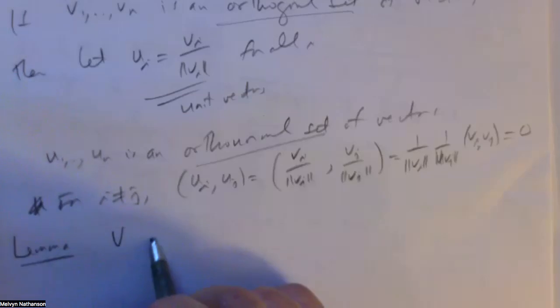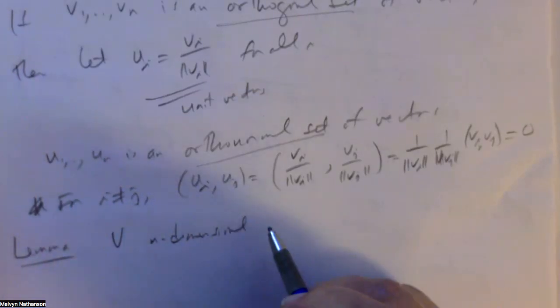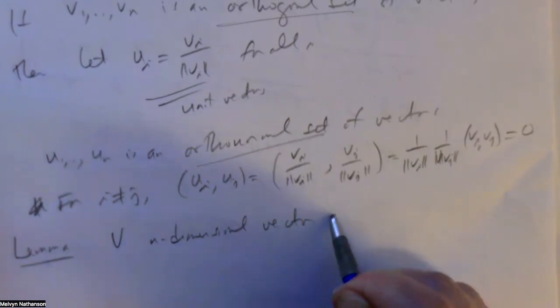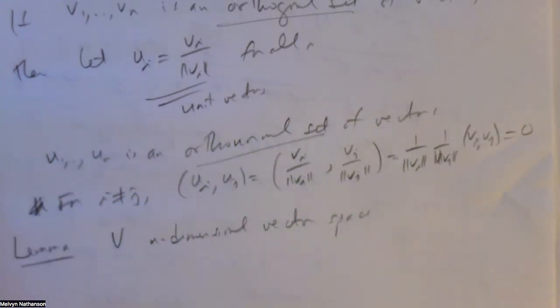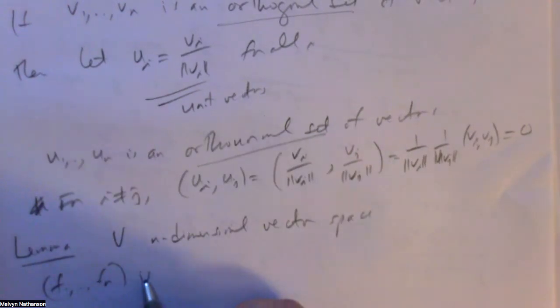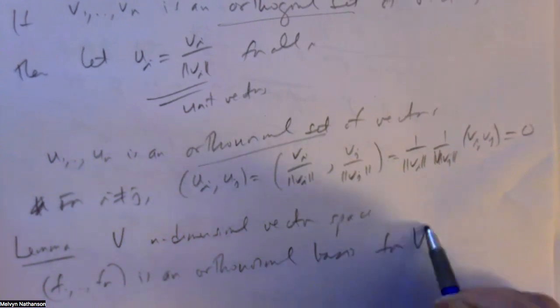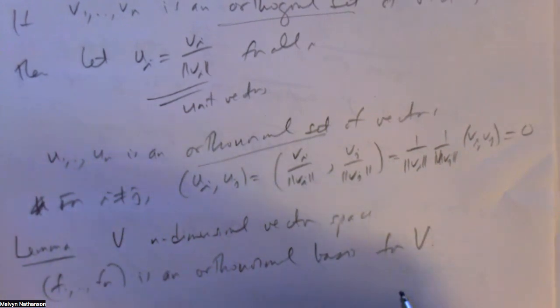We have V, an n-dimensional vector space, and suppose that f1 up to fn is an orthonormal basis for V.